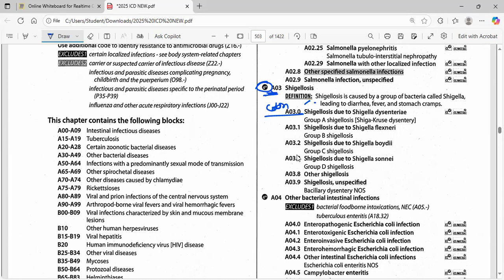You can see here after the A03, we have shigellosis, and here we have the definition of Shigella. That's what a Shigella or shigellosis condition is. So the columns are always listed in the tabular after the category. Category means that this code is incomplete and we need one more character to make this assignable, or to make this a complete code.